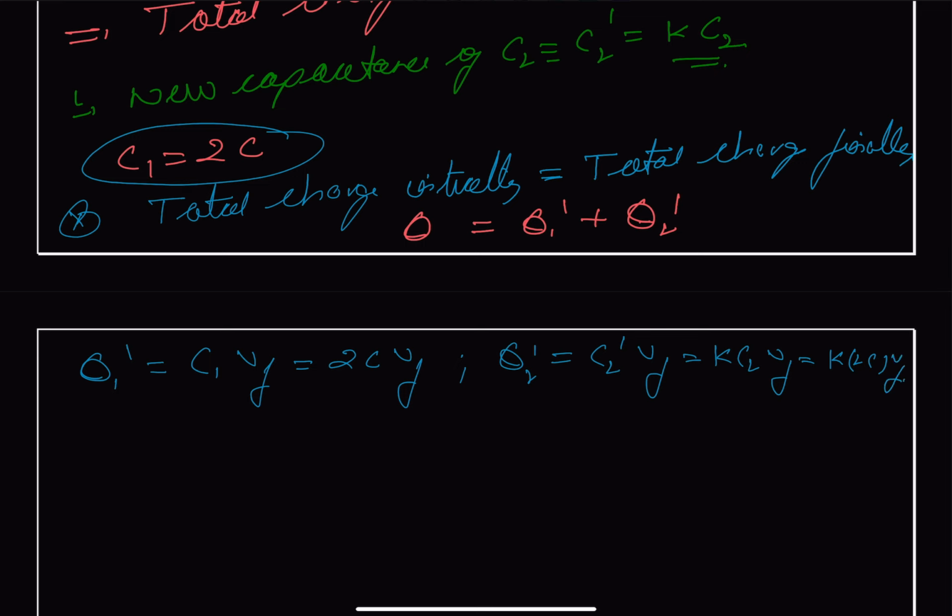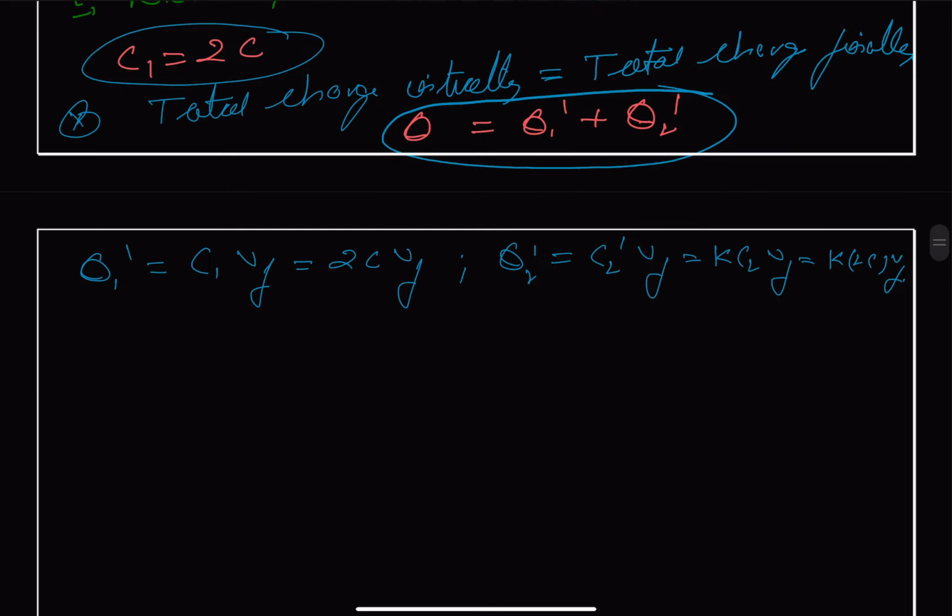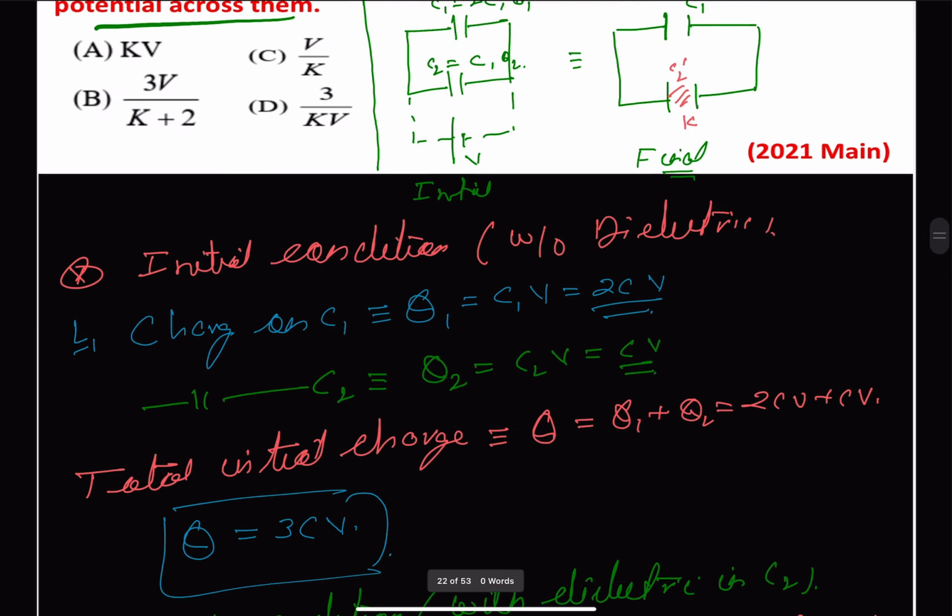Substituting this equation, we get Q, our total initial charge, which we found out is 3 times CV, is equal to Q1... sorry, one second, C2 is C, not 2C.